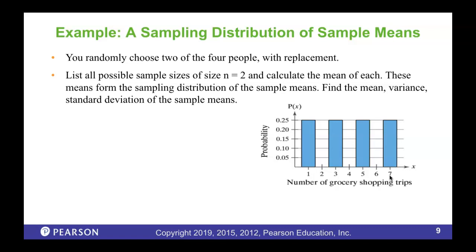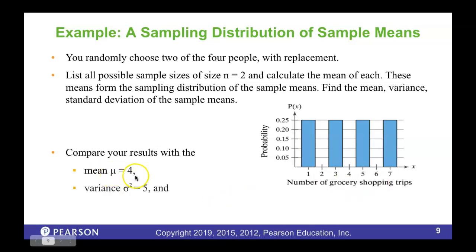Okay, it's going to be a lot, even though we only have 4 people. If we try to list all possible samples, it's going to be a lot. All right. And they want us to compare the result with these 2. Now, look at the symbol for me, because symbols make a big difference in statistics class. They said mu equals 4, which means the population average is 4.